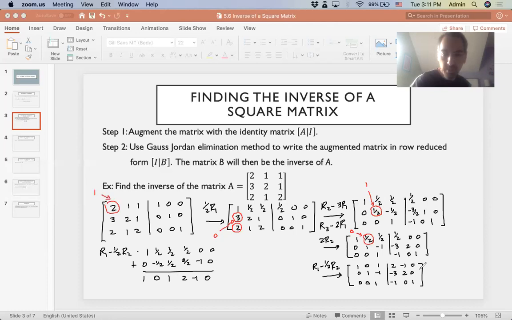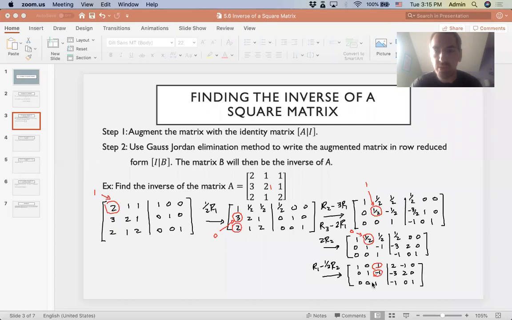So now column 2 is done. For the last column, column 3, we already have the 1 in place in the last entry of column 3. So we only lack getting everything else in the third column to be zeros. Okay, since I already have the 1 in place in the third column, I want everything else in that column to be zeros.